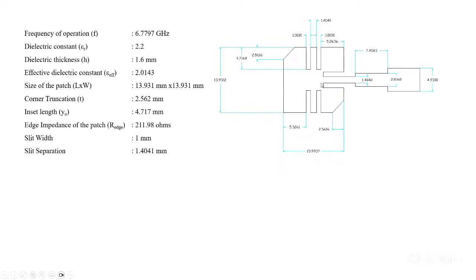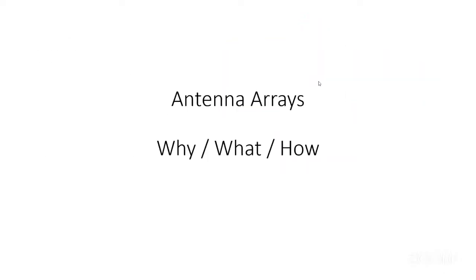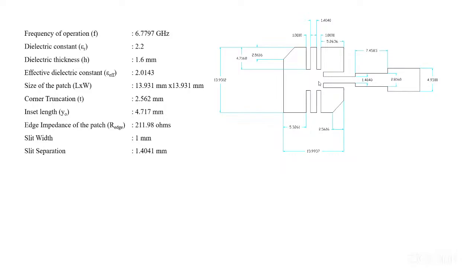Since my target was to do a 4 by 4 array, I took this extra effort of generating the structure also. Otherwise, we can do the same drawing in AutoCAD or some other CAD software. So this is up to a single element.